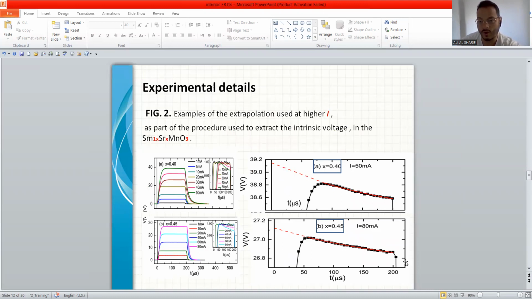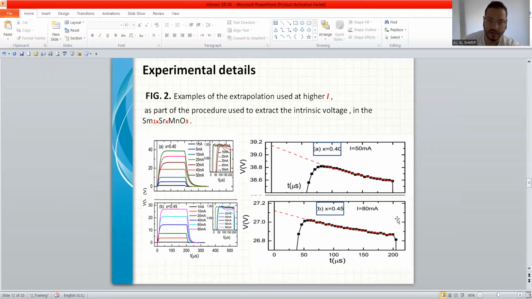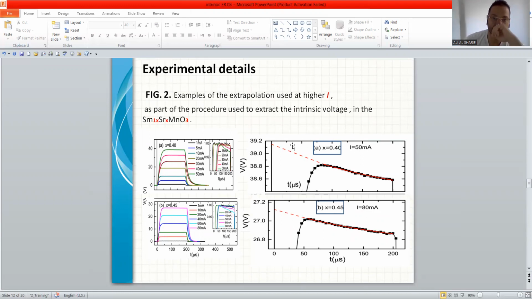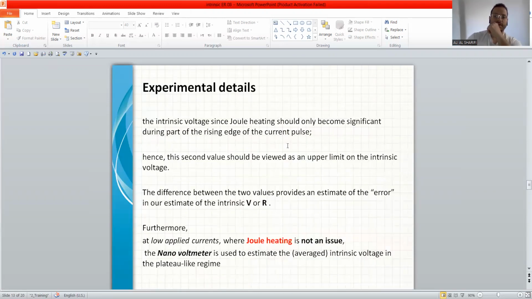Here the component shows hysteresis behavior at all of these two different compounds of x. The intrinsic voltage, since Joule heating should only become significant during part of the rising edge of the current pulse, hence this second value should be viewed as an upper limit of the intrinsic voltage.